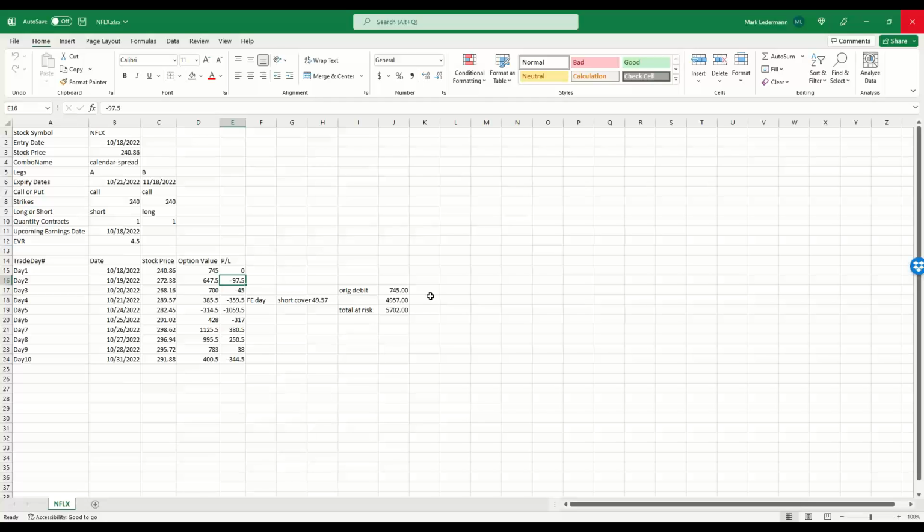But OSBTT is a back testing tool, and we can carry the trade on. And again, OSBTT does this for you. It covers the short in the background. It does all this math. So it's already figured in starting on the 10/24, which is the Monday after front expiration day. This back cover is priced into this P&L.